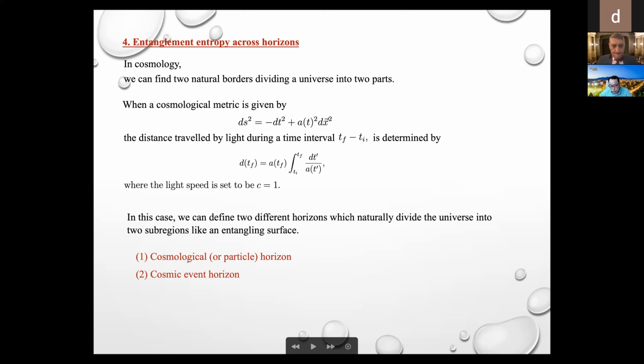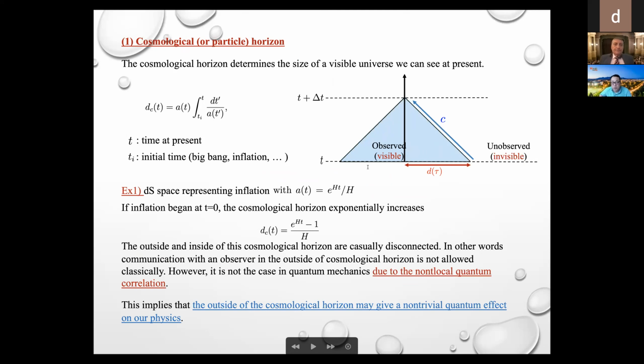There are two different types of horizon: the cosmological or particle horizon, and the cosmic event horizon. For example, if we consider the particle horizon, we are here at this time, but we cannot see the outside of this part. We can only see this region because the light velocity has a finite value.